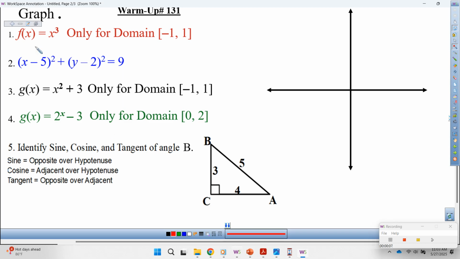So we're going to start with number 1, graph f of x equals x cubed. So give me points, Mario. No, that's not for that one.